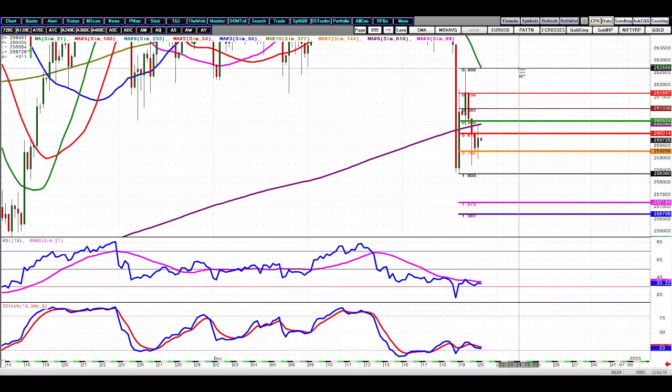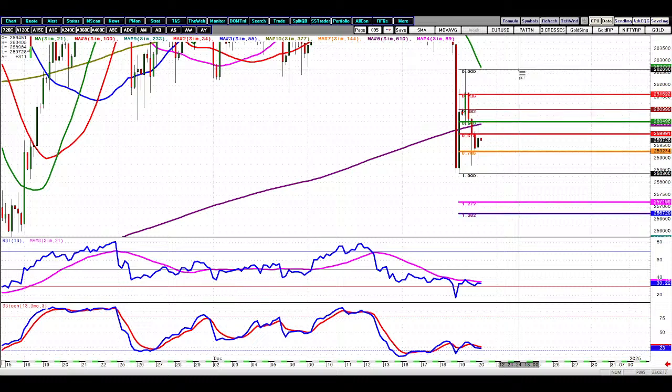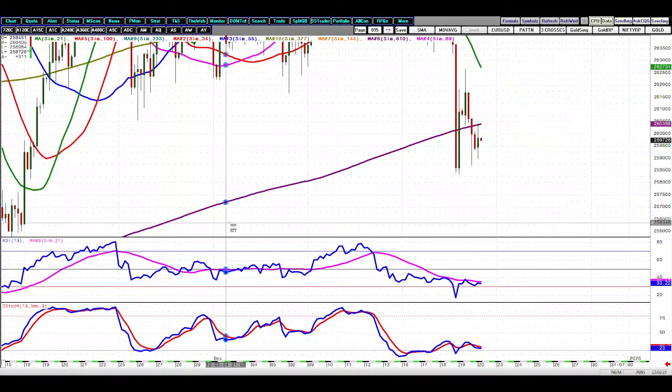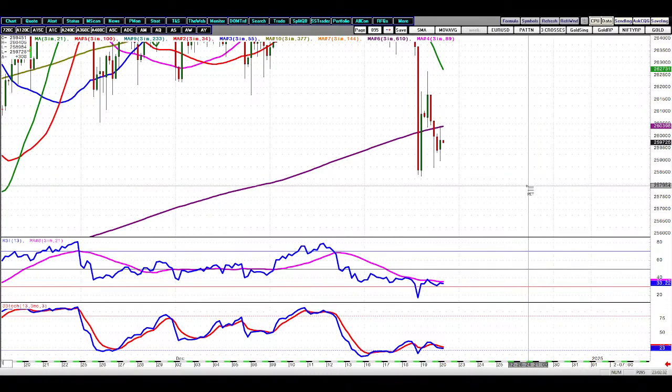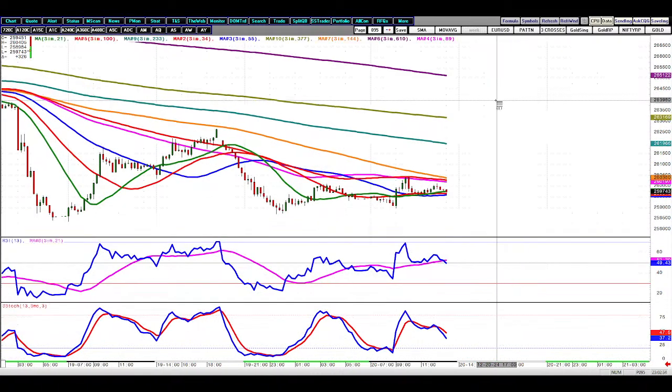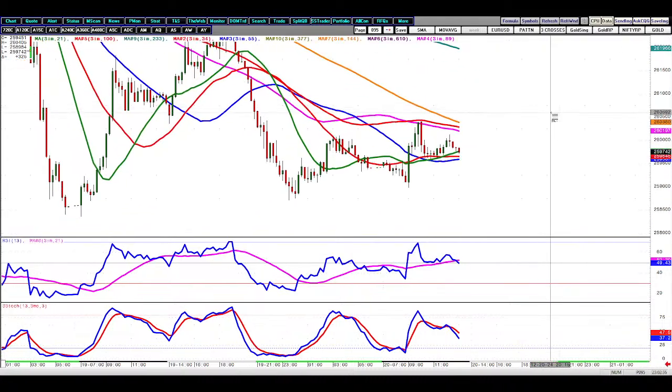So if we see the break, then I think we should be seeing easily 2572 or 2575 if it breaks this low. Okay, now let me see how am I to gauge this.